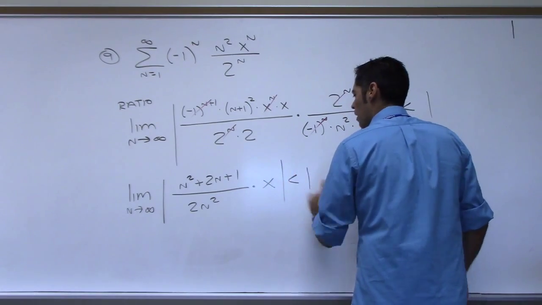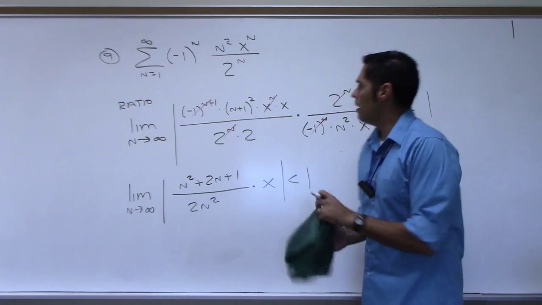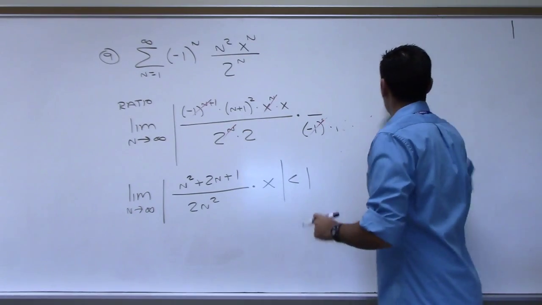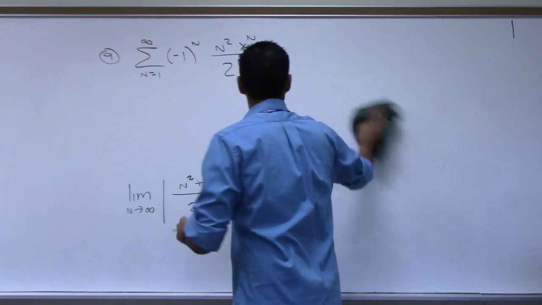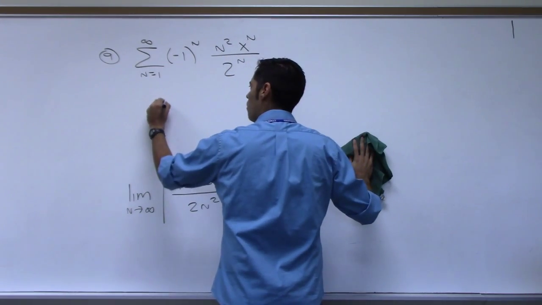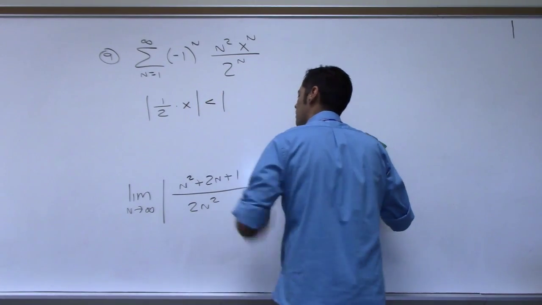Need that to be less than 1. And if I use L'Hopital's rule on this piece, I'm going to get 1/2. So this is going to turn out to say 1/2 times the absolute value of x needs to be less than 1.